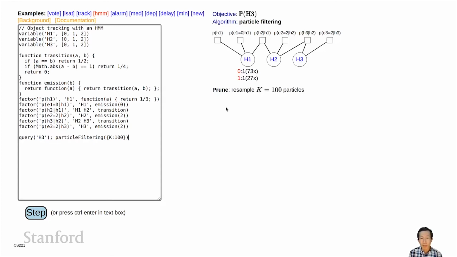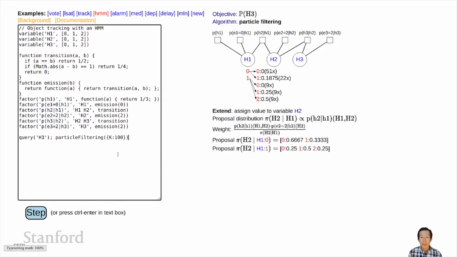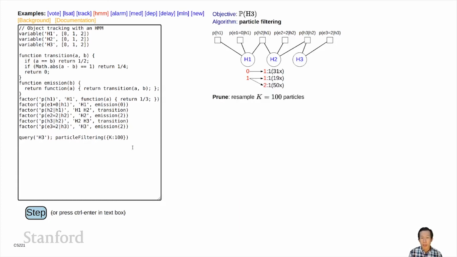I resample, and now I redistribute probability to 0 and 1 with these particle counts. Now I'm going to extend, and notice that before I had 73 particles at 0. Now 51 of them go to H2 equals 0, and 22 of them go to H2 equals 1. And then I'm going to resample, which redistributes the particles again.